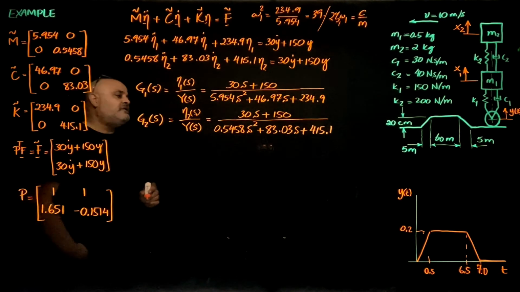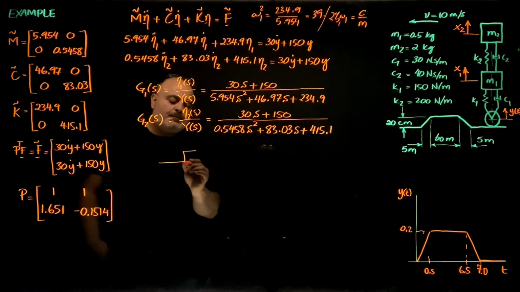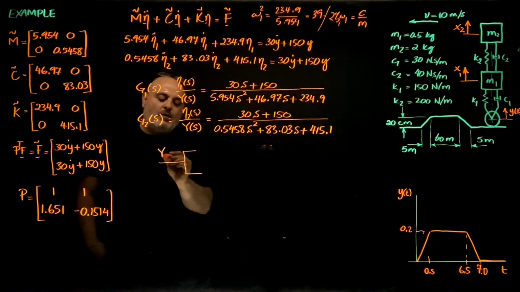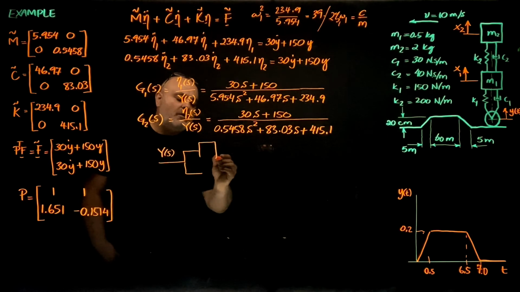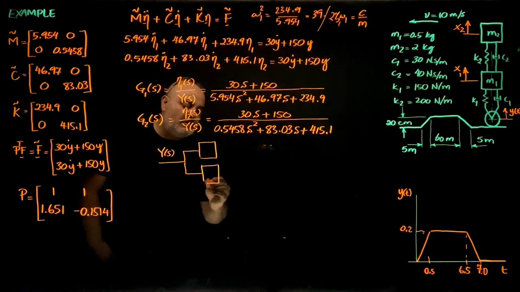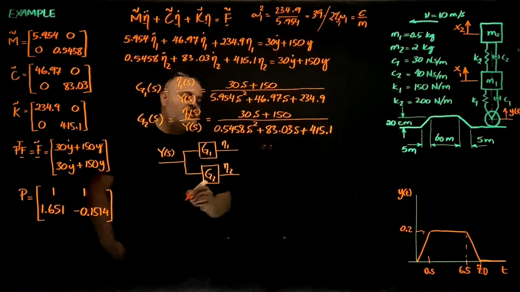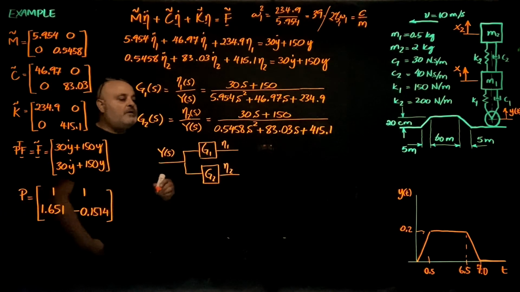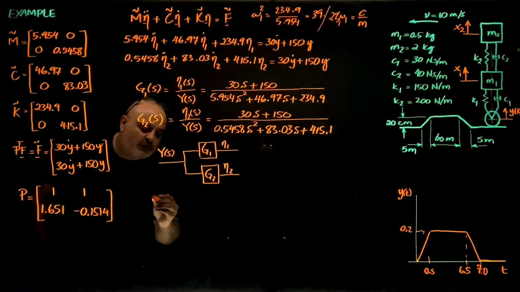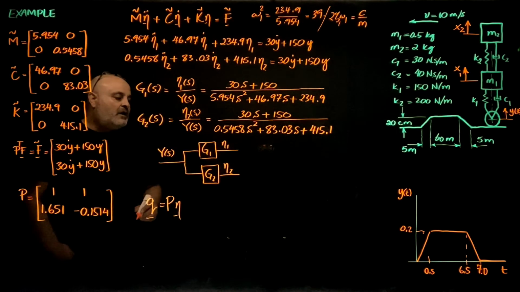Plugging these transfer functions into MATLAB, my input is Y of S or Y of T into G1 and G2. The output is going to be eta 1 and eta 2. But now I'm looking for x1 and x2. My original transformation was Q equals P times eta.